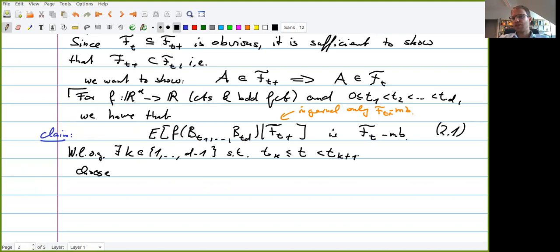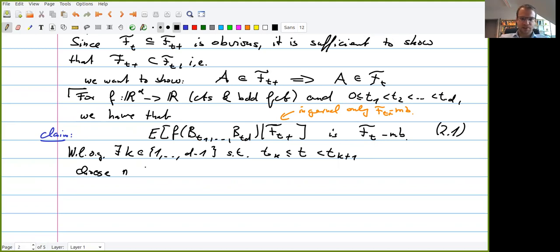Right, if there's no such k, this is the function f evaluated at the Brownian motion. The points of the Brownian motion are anyway F_t+ measurable, so we can pull it out, and the statement is trivial. So this is what we assume, that there's somewhere t which is in between one of these t_1 up to t_d points.